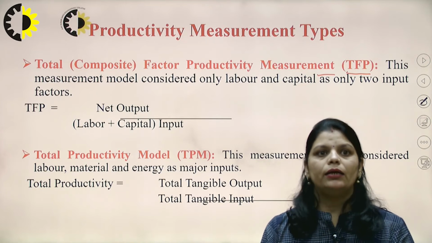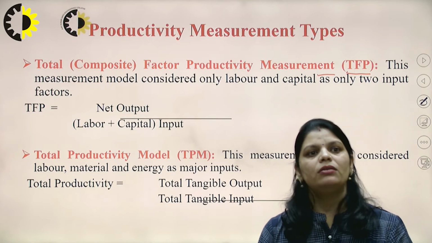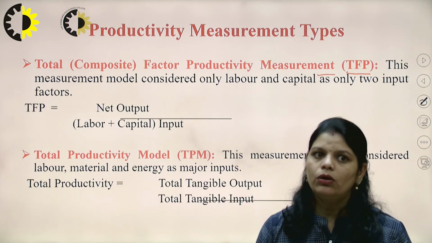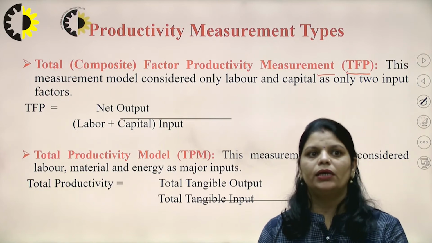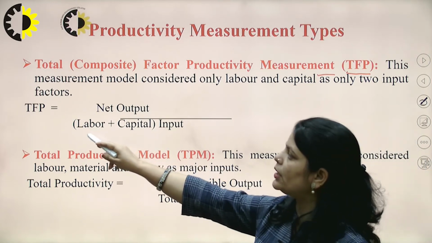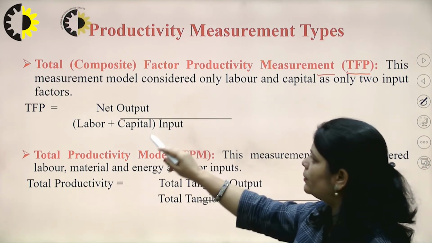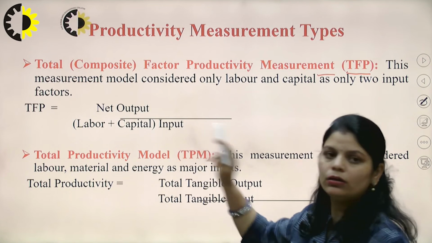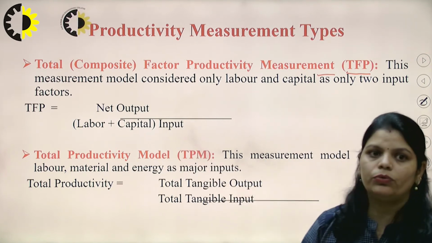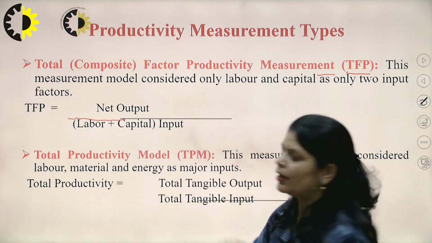In an effort to improve the productivity of labor, the company may install more machinery, and then productivity of labor will go up, bringing down the capital productivity. So we can define TFP as equal to the net output divided by labor plus capital as the input factors. So we have considered only the two input factors here, labor and capital.